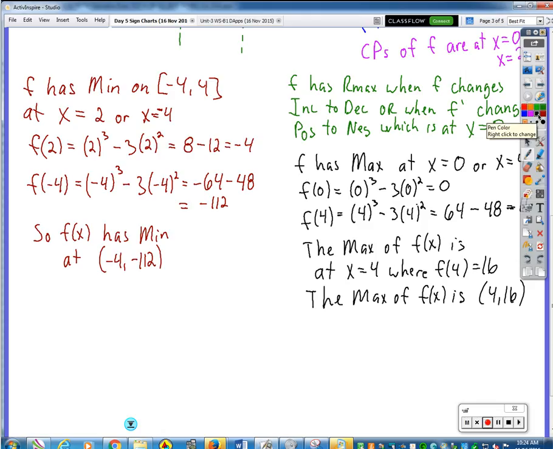So here we go. F prime is equal to 3x squared subtract 6x. Therefore, F double prime is 6x subtract 6.